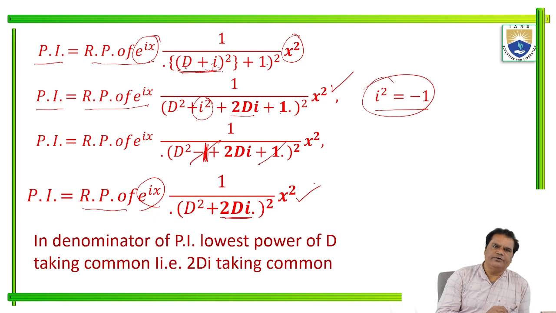In the denominator of PI, take the lowest power of D common.